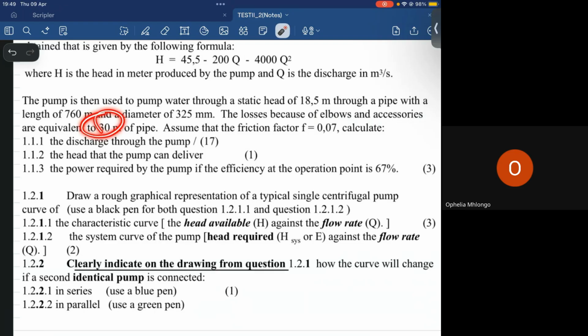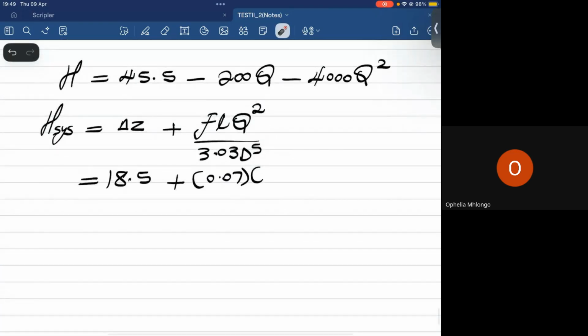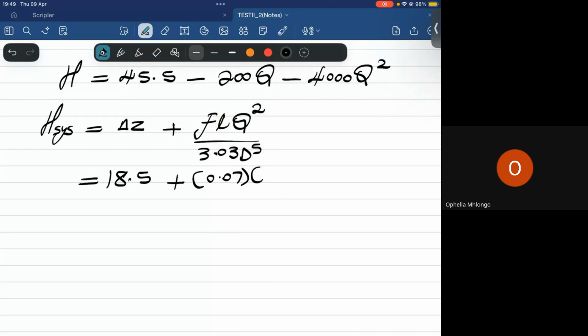The total length of the pipe fittings is equal to 30 meters, meaning that the total length of this pipe will be 760 plus 30 meters.